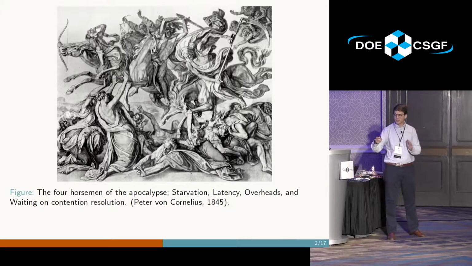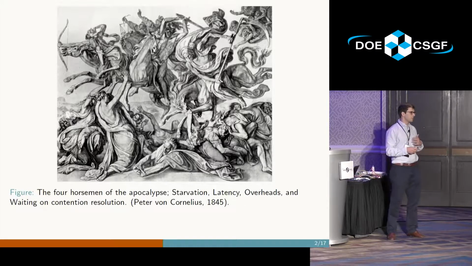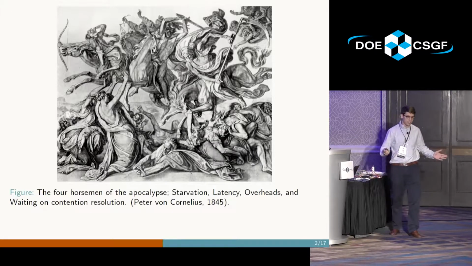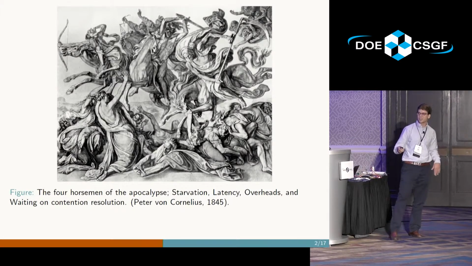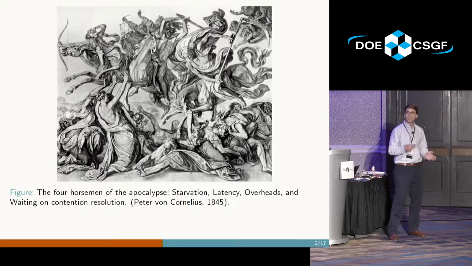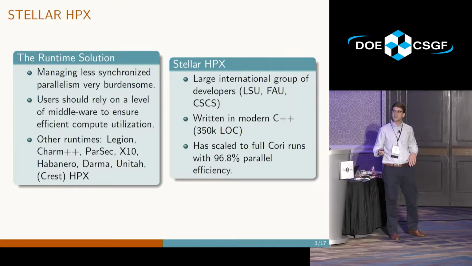Just for example, with starvation, it might be that your machine isn't able to have enough flops. You have cores idling, so if you're scaling out and adding more cores, it's obviously not going to be helpful. If you have a fairly optimized code, and these factors are still a problem, I would recommend the runtime solution.